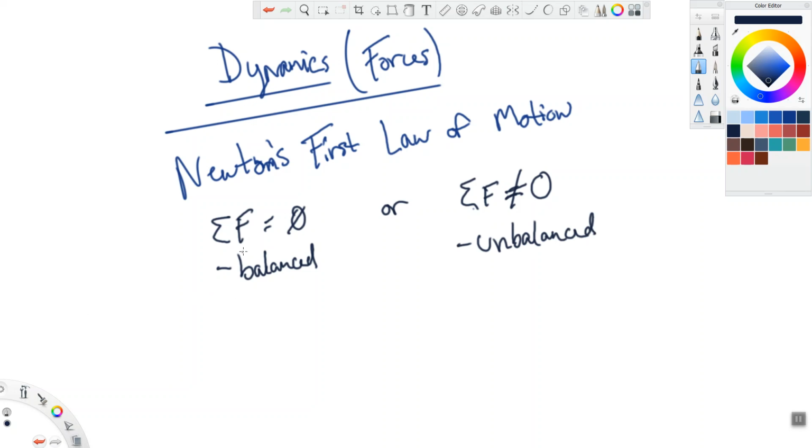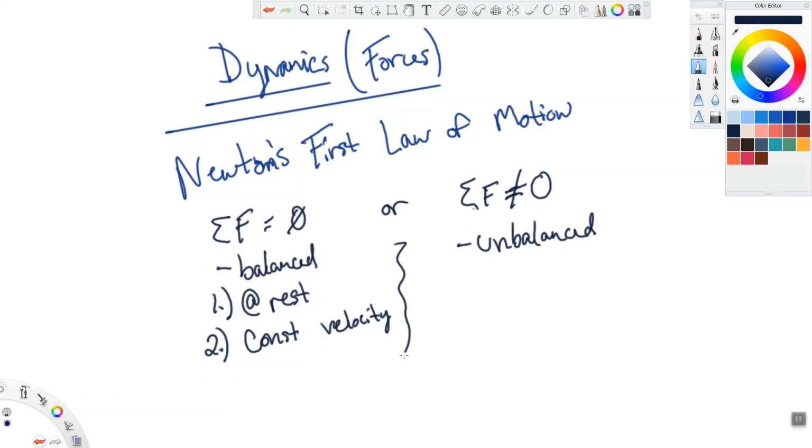All right. When F net equals 0 and your forces are balanced, one of 2 situations have to be true. Either 1, your object is at rest, not moving, or 2, your object is moving with a constant velocity.